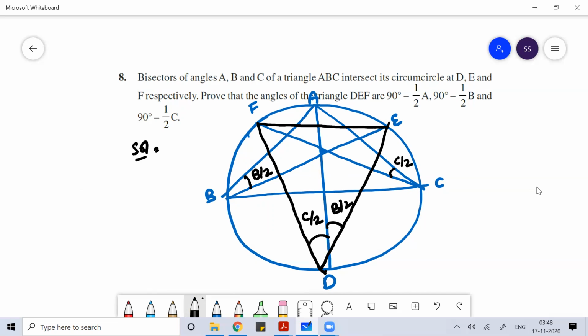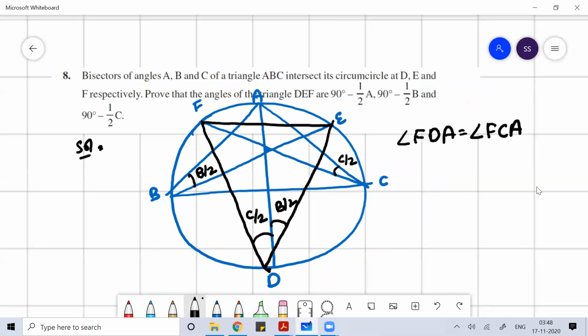So you can see that angle FDA will be equal to the angle FCA, so that is equal to C by 2.